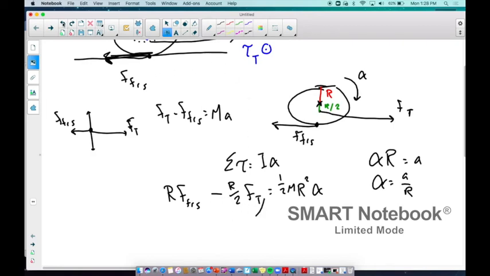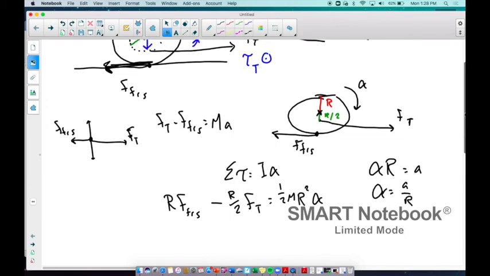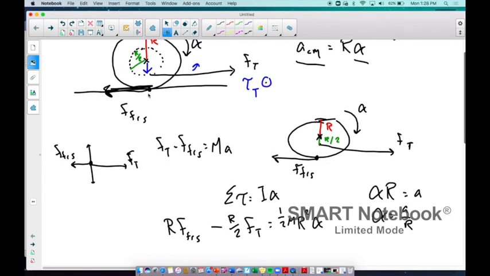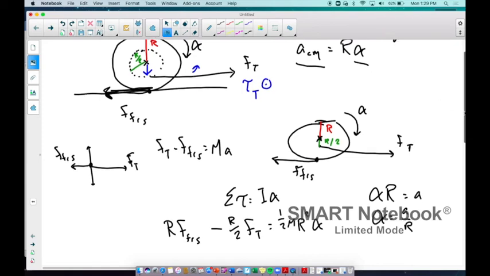And remember, the definition of torque is R cross F, where R is the position vector from the axis of rotation to the point of application of the force. That's where the R over 2 comes from for the torque due to the tension force there. So it's interesting that just by having the string, in this case, on the underside, our frictional force now all of a sudden has swapped direction compared to our last example.